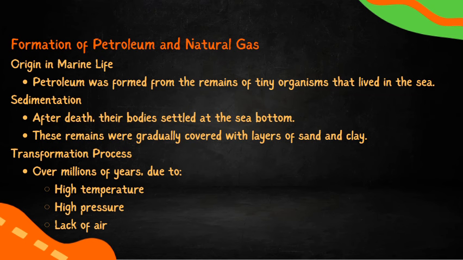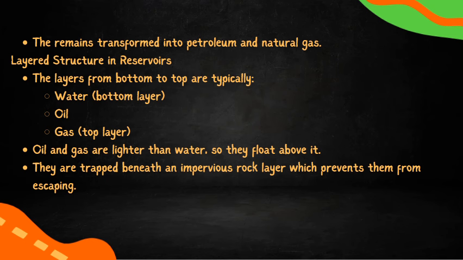Over millions of years, under high temperature, pressure, and a lack of air, they got transformed into petroleum and natural gas. The layers from bottom to top are typically water, which is the bottom layer, then oil, and then gas, that is the top layer. Oil and gas are lighter than water, so they float, as you already know. They are trapped beneath an impervious rock layer, which prevents them from escaping.